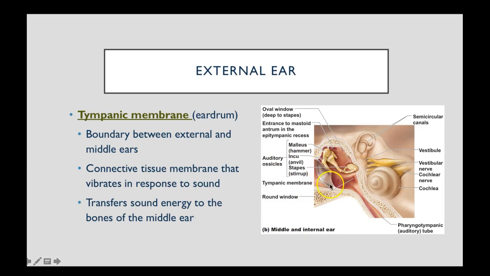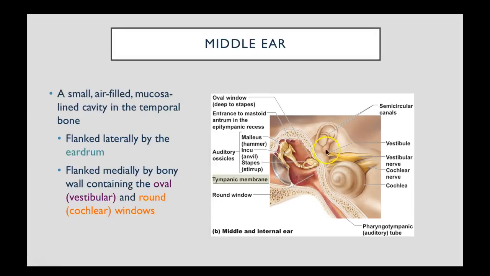This is our boundary and is made up of connective tissue that is going to assist in creating the vibrations from our sound waves and transferring the sound waves over to our three small ossicles that reside within the middle ear. So those sound waves, like we said, are being transferred into our middle ear. This area is air-filled.